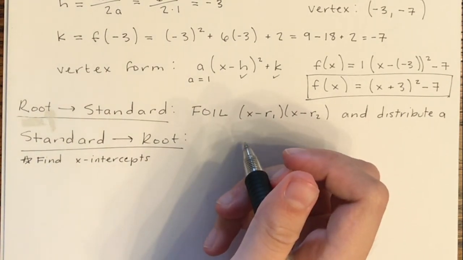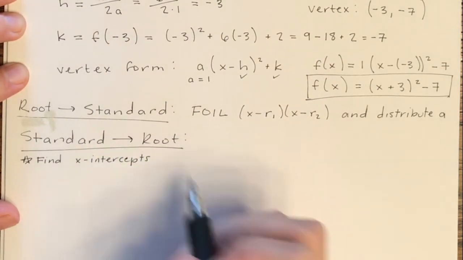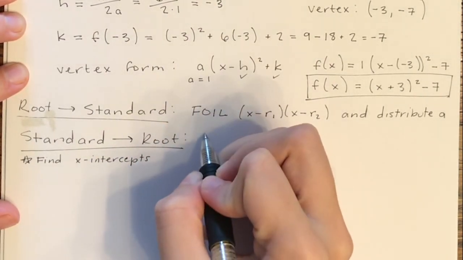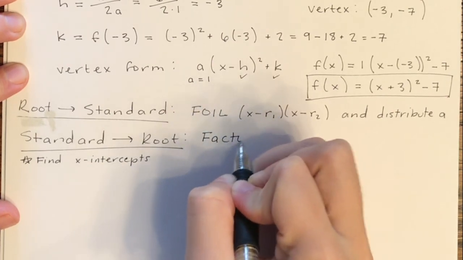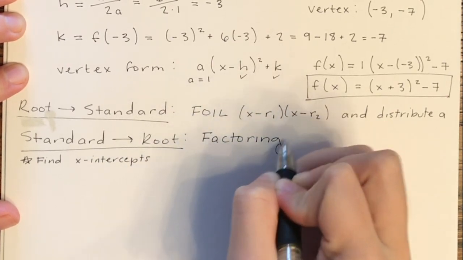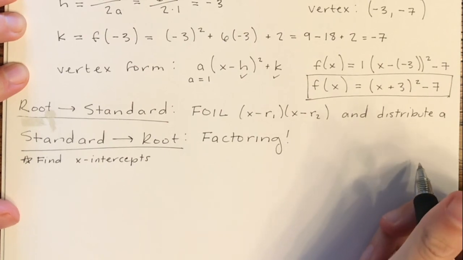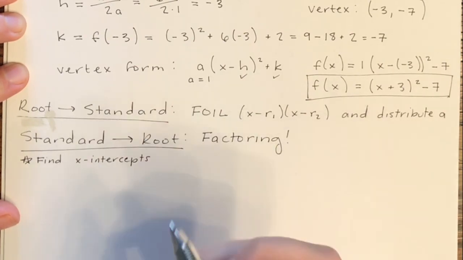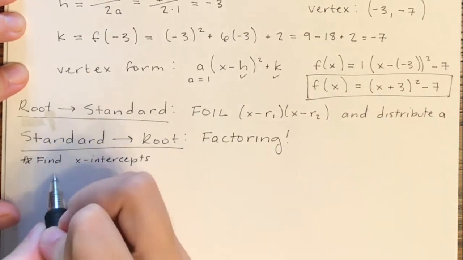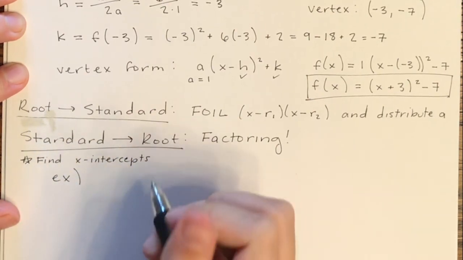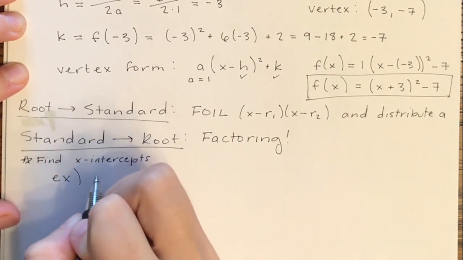Because the roots are our x-intercepts. So converting from standard to root form is actually just factoring. We've had to do this before. For instance, let's say that we started off with something like this.